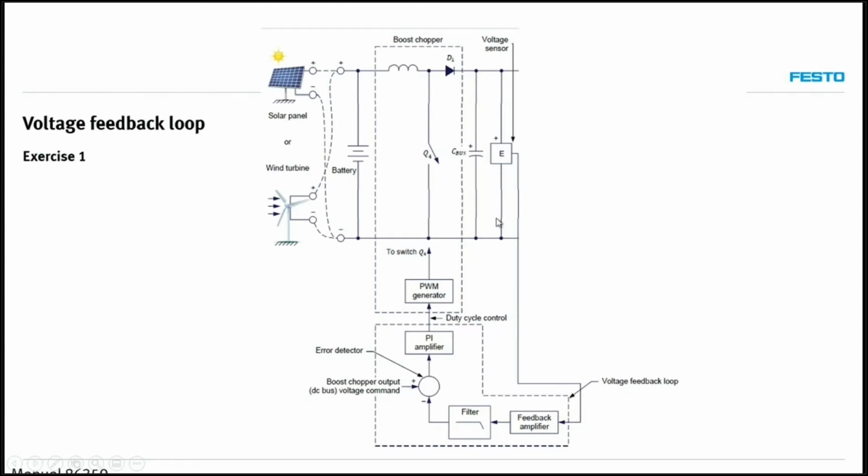So we need this voltage feedback loop, which will read the current voltage at the output of the chopper and send this information to the feedback amplifier and the comparator that will compare the current value to the value that is required, let's say 345 volt. Based on this information, we'll be able to increase or decrease the voltage output at the DC chopper output.